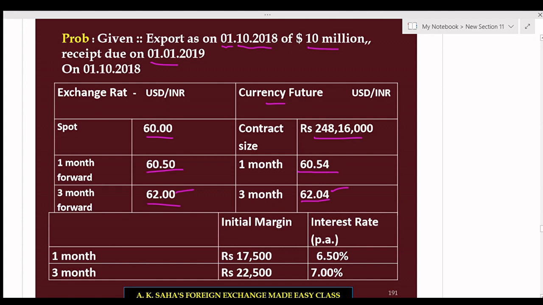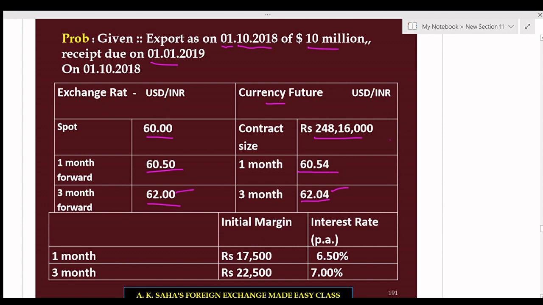If you divide 2 crore 48 lakh 16,000 by 62.04, you will get dollar 4 lakhs, and this is the lot size. And lot number will be 10 million divided by 4 lakhs, that will be 25.